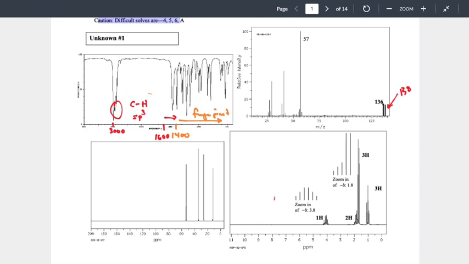I could have an even number of nitrogens though, but I don't know. But that's a possibility. Why is it okay when I have an even mass that I would have an even number of nitrogens? 1 nitrogen is odd. What happens when you add 2 odd numbers? Makes it even.